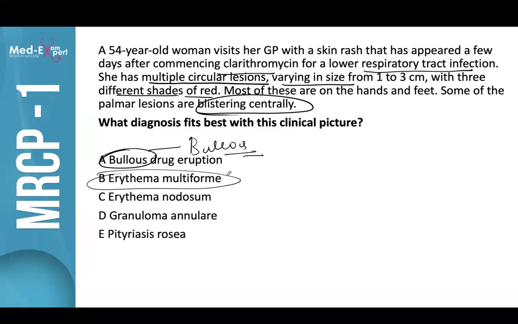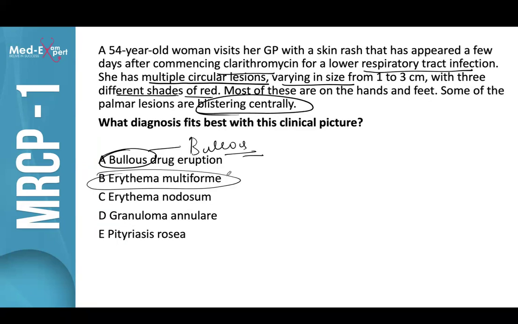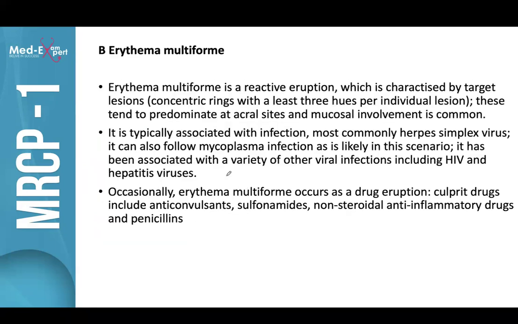Granuloma annulare. Circular lesion, yes, it can be. Is it granulomatous? No. Rule it out. You don't even need to know medicine to rule out options here. Just English words, then you can rule out and you can keep. This is erythema multiforme. Clarithromycin could have been started for mycoplasma pneumonia in this particular case. They can twist and ask the question in that form also.